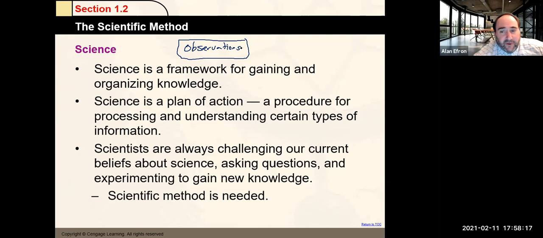Somebody does observe something that's happening, and they try to figure out, why does that happen? So usually we'll have some type of observation, and people will try to come up with a tentative explanation of what they observed.